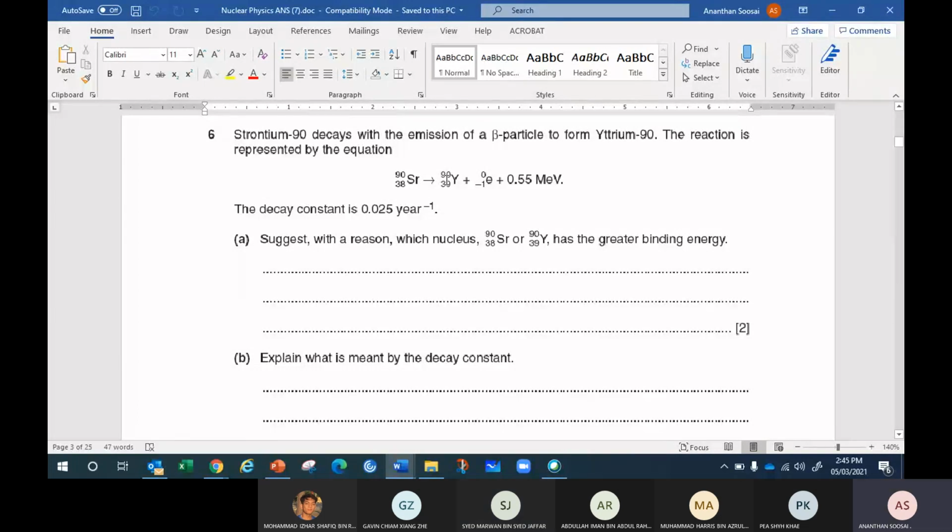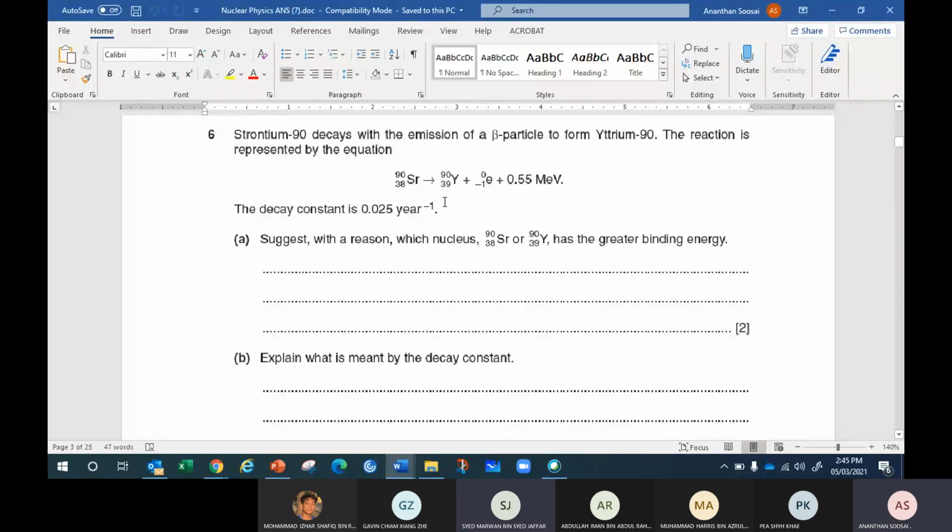Why is it more stable? Because it's the product. Is the product always stable? Not always. But here, what evidence shows that?